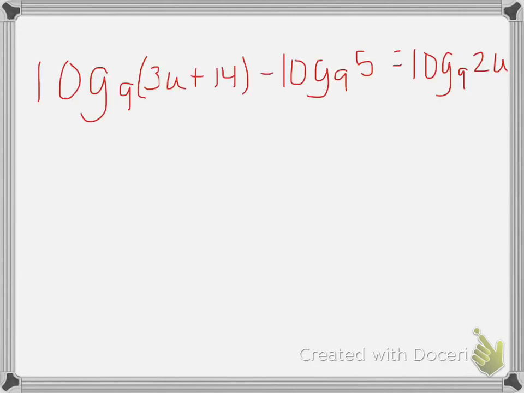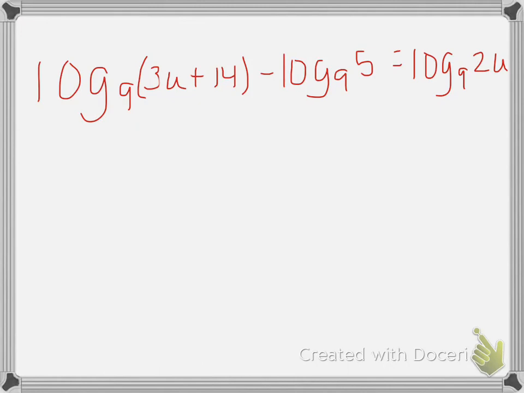All right, and let's do a few more because I know these are new for y'all. Okay, let's say we have another one where we have log base 9 of 3u plus 14 minus log base 9 of 5 equal to log base 9 of 2u. All right, so obviously we want to be able to get rid of all these log base 9s so we can solve.